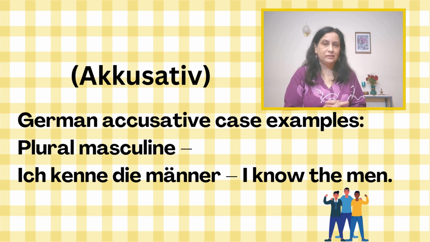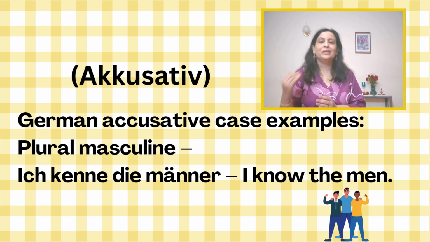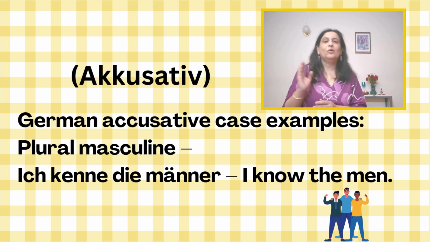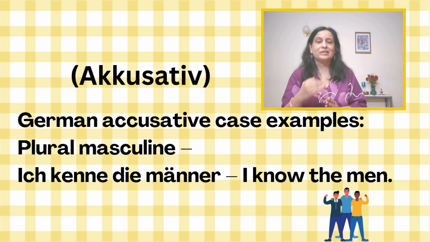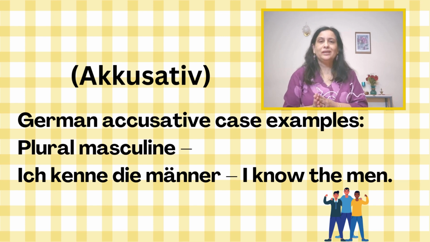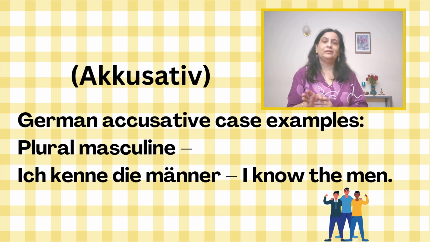Suppose there is a sentence, Ich kenne die Männer. Männer is the plural form of man, meaning I know the men. If you see here, die remains the same. So for plural, neutral and feminine, there won't be any change in the definite article. Only in the masculine form it will change.